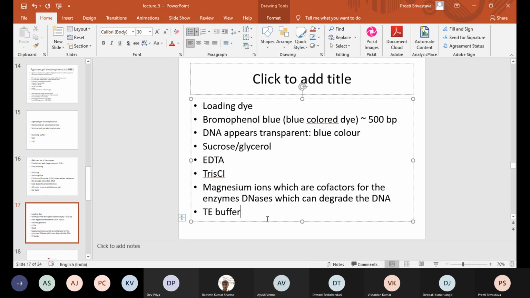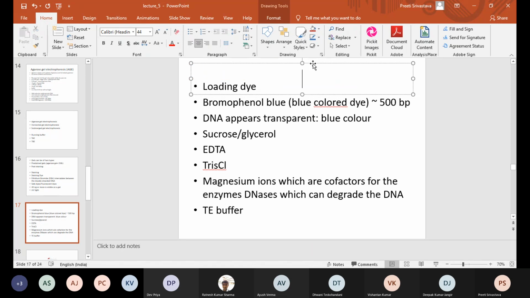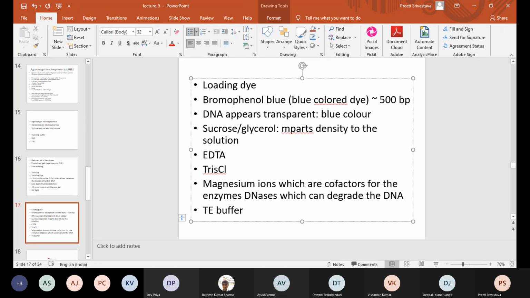Maybe I'll wind up here just to explain this loading dye. So in loading dye, you need to have all of these components. Bromophenol blue is to mark the front, like when exactly to stop the run. Sucrose or glycerol is added because when we are loading the sample, it has to go inside the well, right?